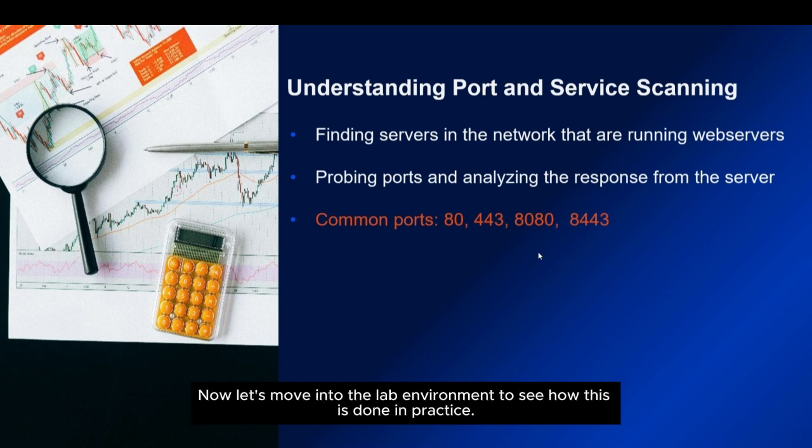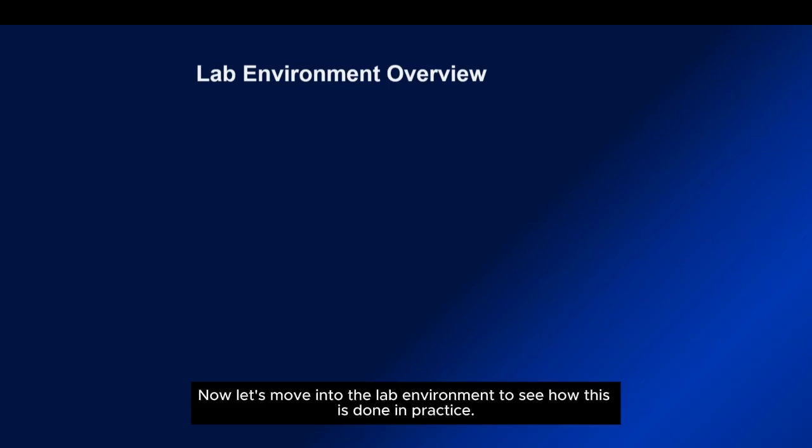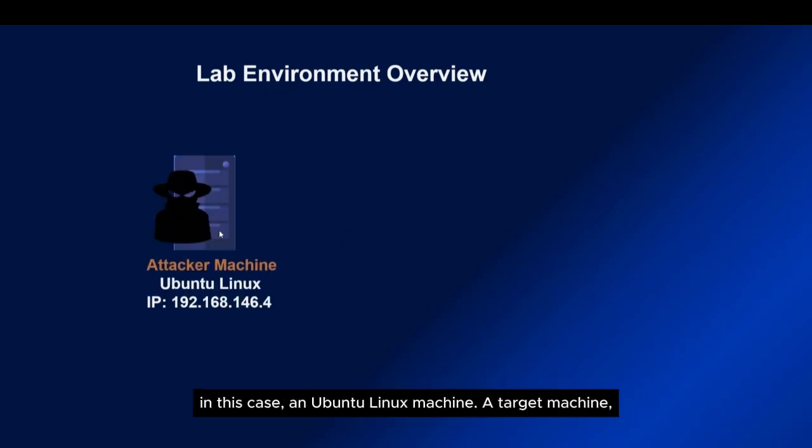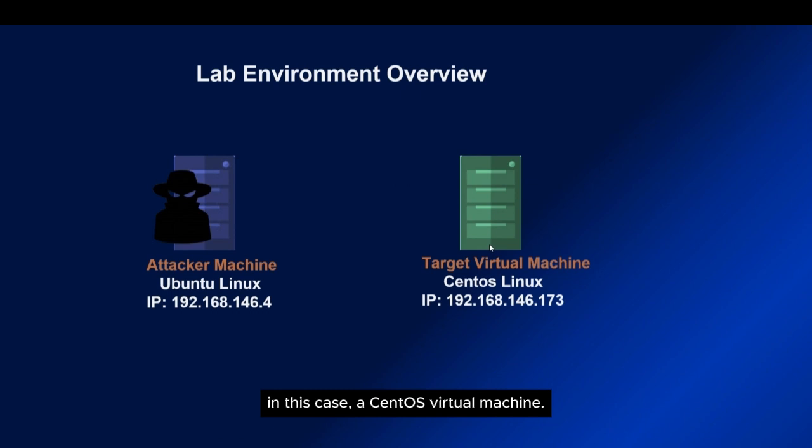Now, let's move into the lab environment to see how this is done in practice. If you want to follow along, you need two machines: an attacker machine, in this case an Ubuntu Linux machine, and a target machine, in this case a CentOS virtual machine.